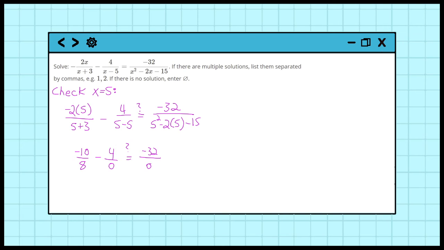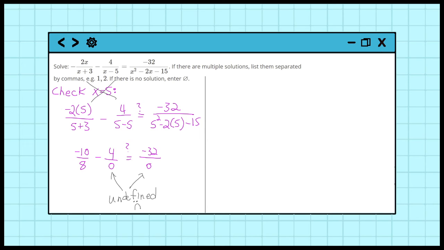Oh no, this is a problem. Okay, so when the denominator is 0, this is undefined. So in this case, we actually have two components that are undefined. Womp, womp, womp. So x equals 5 is not actually a solution. So we do not include it as one of our answers.